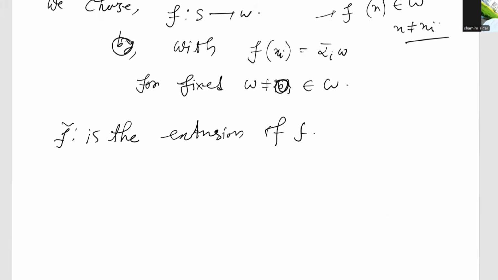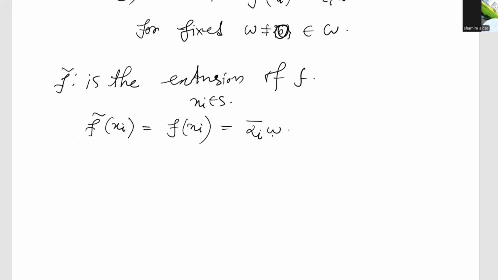That means f tilde of xi also equals f of xi, because all xi belong to S. So this equals alpha i conjugate times w.